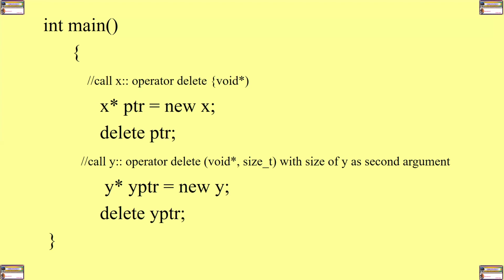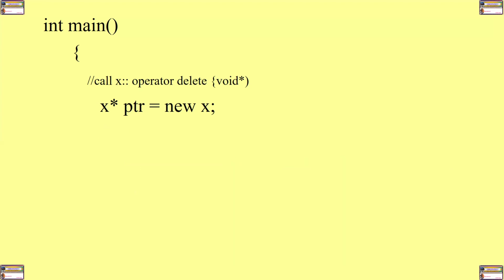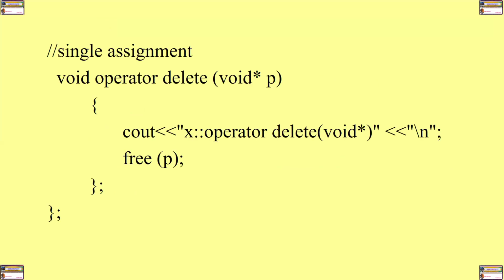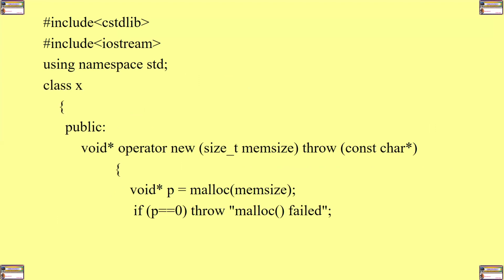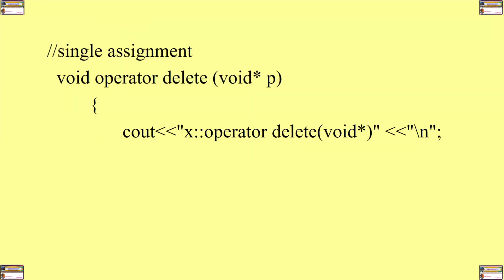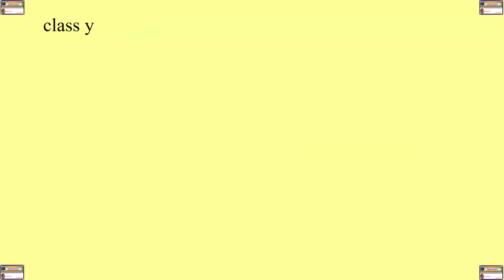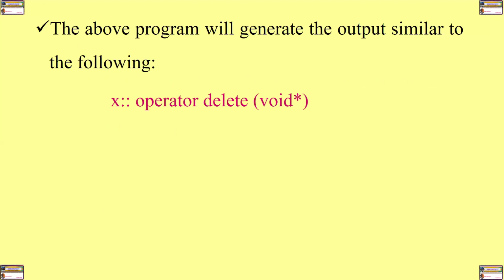Now let's see how we can code this program in C++ and see the results that we are going to get. But generally, once we execute this program, what we expect is for our program to generate output similar to the following.